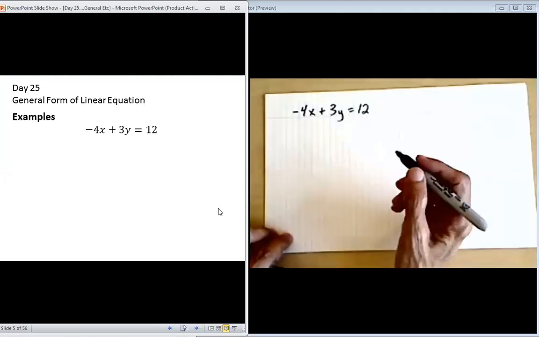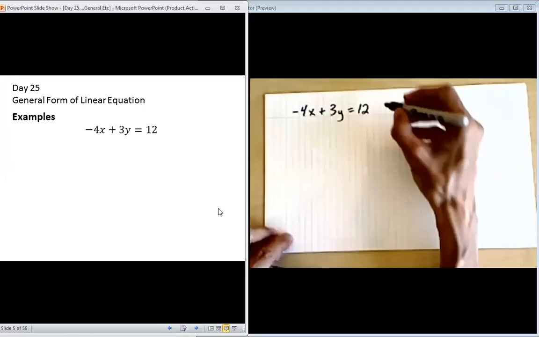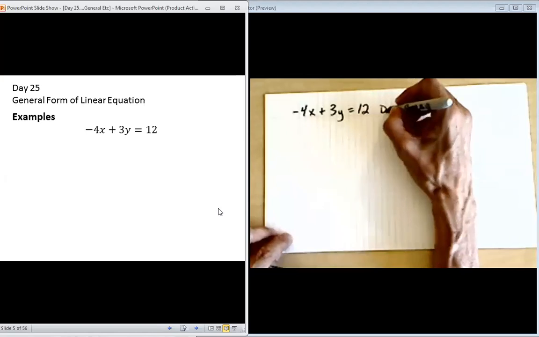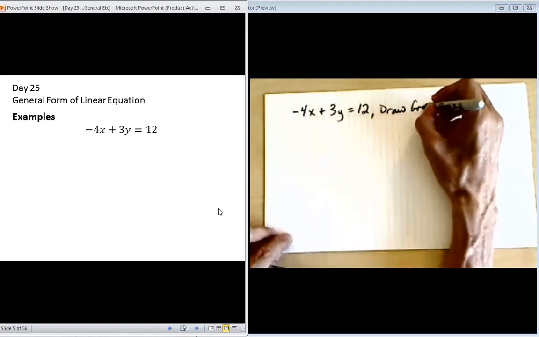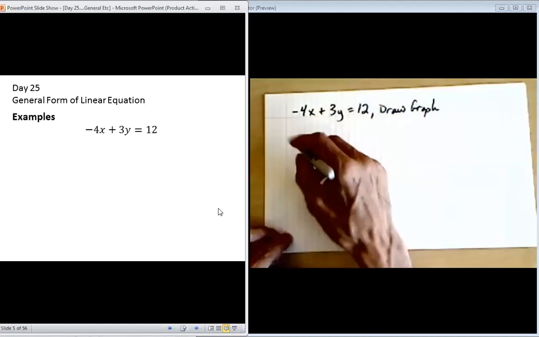All right, so what do we do first? Got to create the graph of this thing. What was the first part all about?